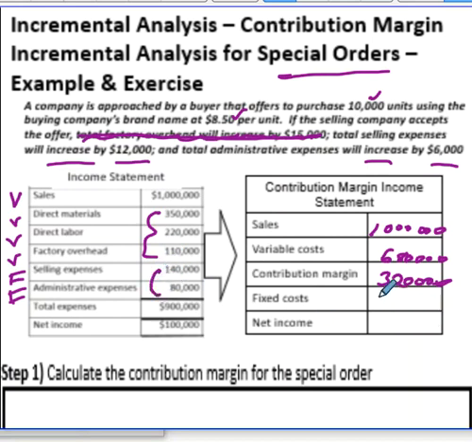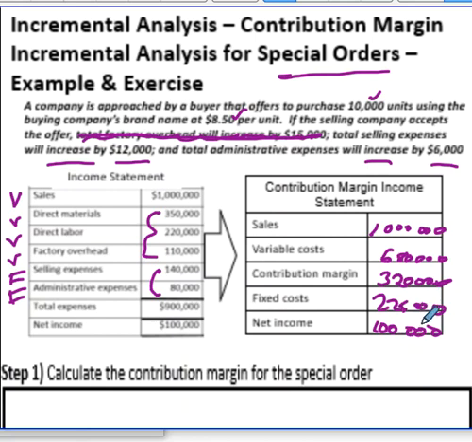So I'll add our fixed cost in here, $220,000, and our net income then equals $100,000. Again, our contribution margin of $320,000 covers our fixed cost of $220,000, and anything remaining after that is our net income of $100,000.